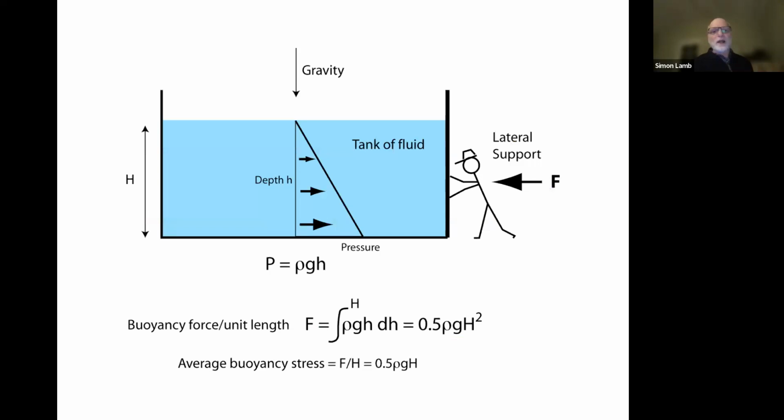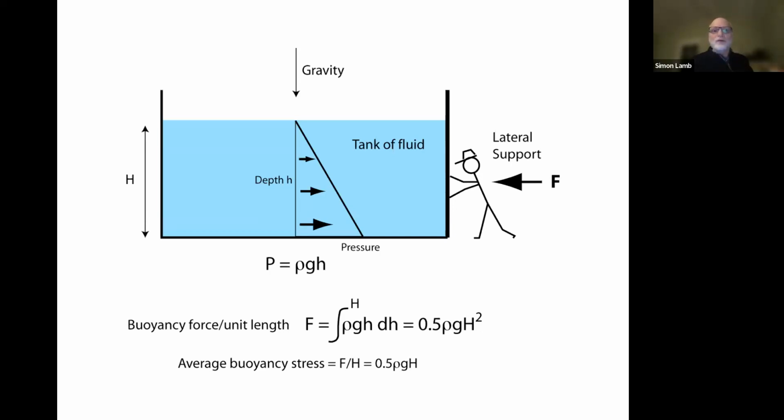Just as an analogy, if you take a tank of fluid, then to keep the fluid in the tank, you actually have to provide a force on the side of the tank. Now, if you've got a glass tank, that force is provided by the strength of the glass. So the glass in a tank is actually quite stressed because it's got to provide a sufficient force to support the weight of the fluid.